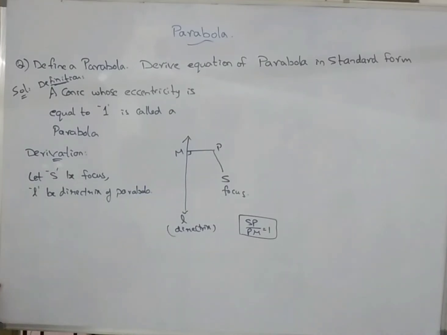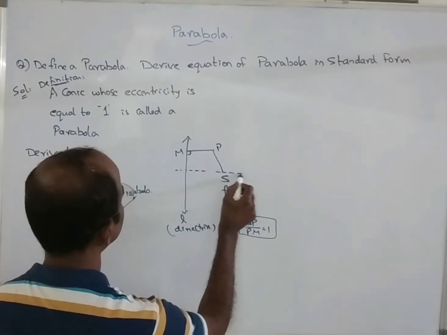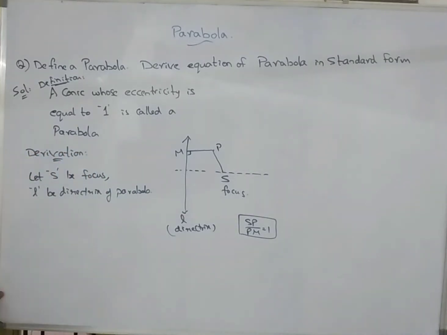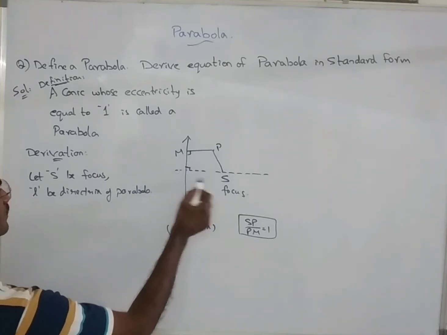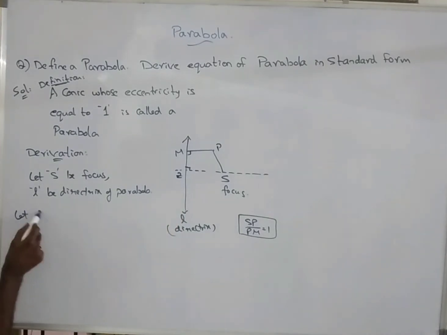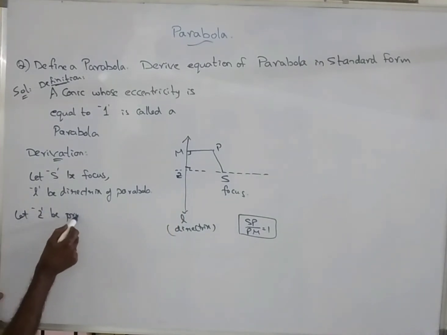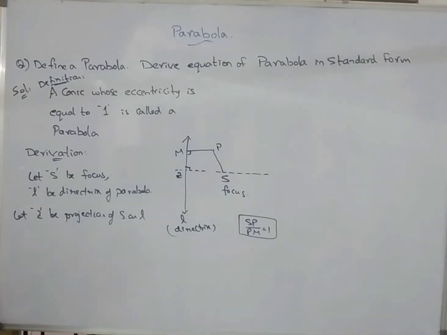Okay, now let us draw a line through S perpendicular to L, and let Z be the projection of S on L. Projection means nothing but the foot of the perpendicular.